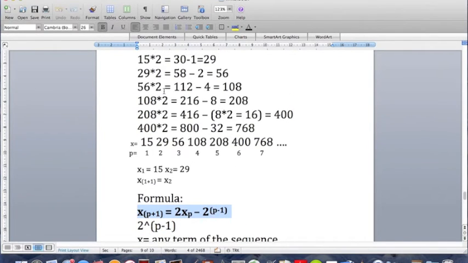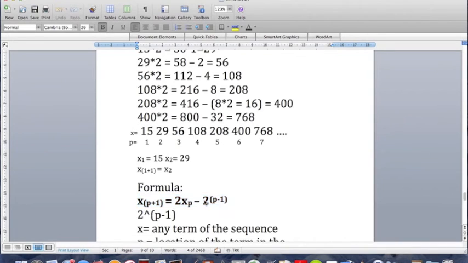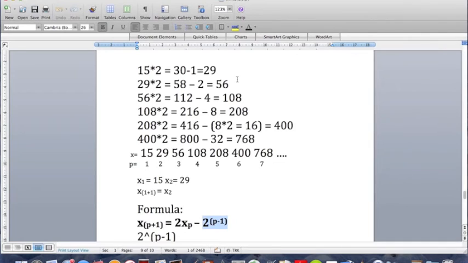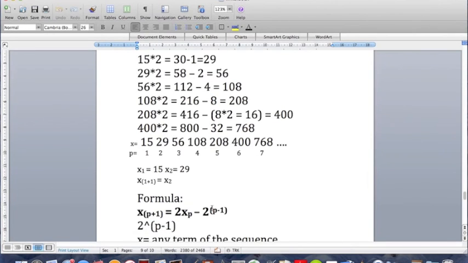But even when I was calculating these terms over here, like 29, 56, 108, I was utilizing this part of the formula when I asked you to get the subtrahend from the previous subtraction and times it by 2, and you use it in the current calculation. Just have a look here. 8, right? 8 times 2 is 16. So it's just, we raised the power of 2 basically, and that's how we figured out the next term of the sequence.